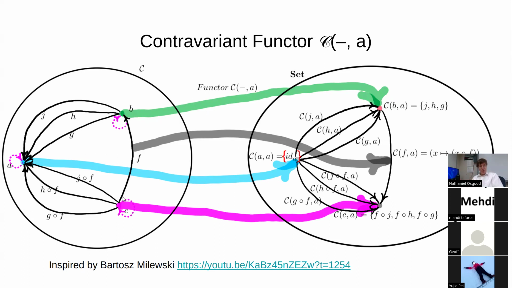So F goes from C to B in category C. Do you see that?